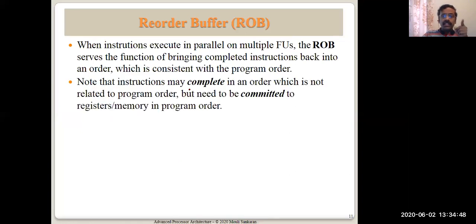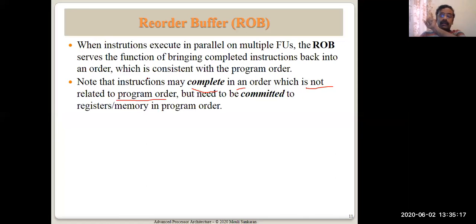Note that instructions may complete in an order which is not related to program order, because instructions are issued in order, but they do not start in the same order because some may be waiting for the operand. Because of that, they may not start immediately. Even if they start, they will not complete synchronously because each functional unit takes a different amount of time.